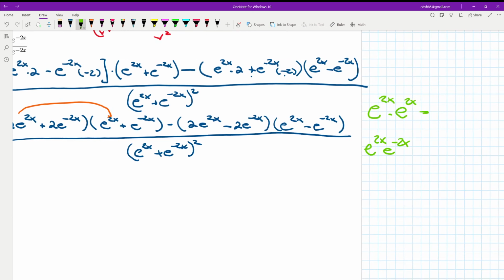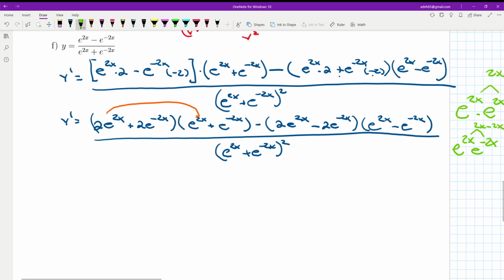In the first case the base is the same, so what we do is add the exponents. That's e to the 2x plus 2x, which is 4x. In the second case, e to the 2x times e to the negative 2x, we're adding 2x minus 2x, which is e to the 0, which equals 1.